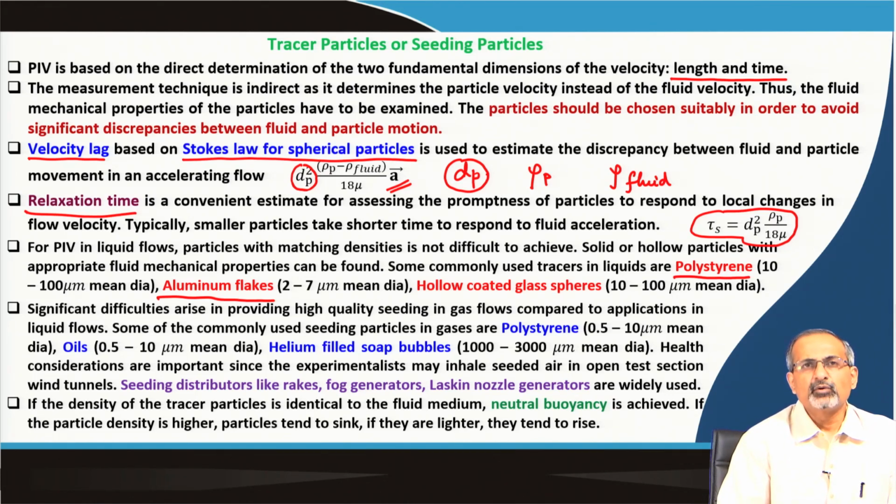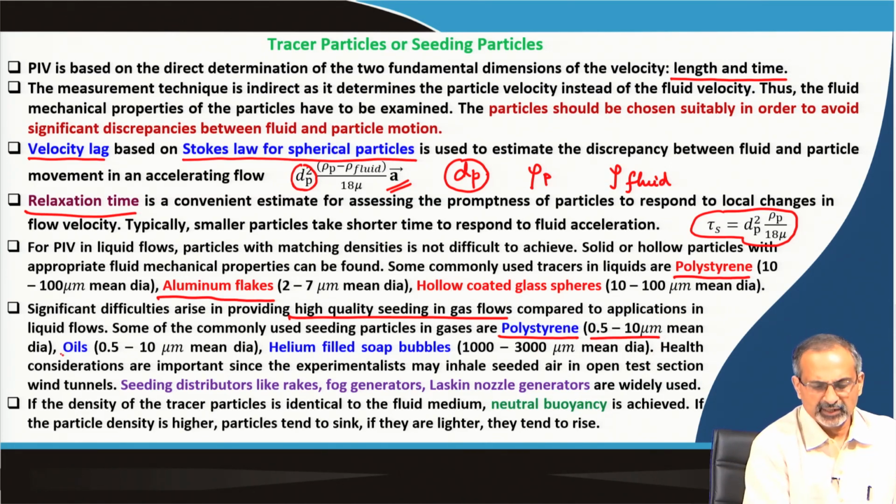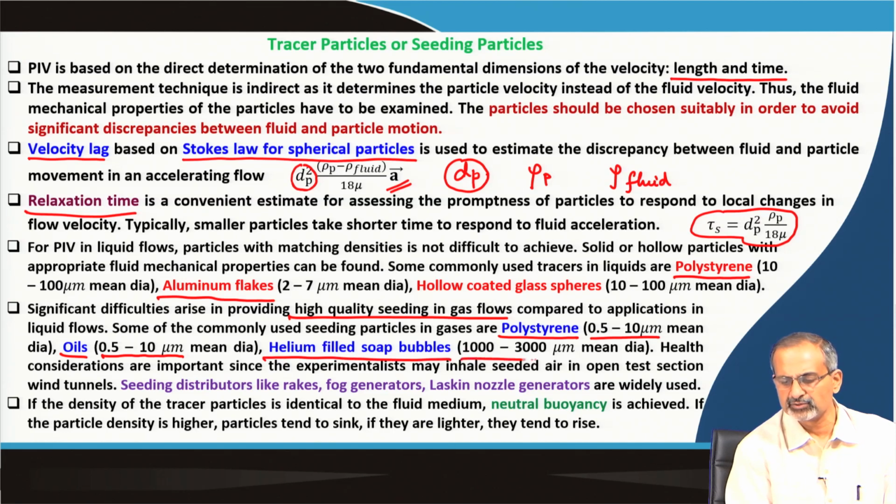However, high quality seeding in gas flows is much more difficult to organize, and usual choices again happen to be polystyrene, but now with much smaller size, 0.5 to 10 micron, and different kinds of oils, 0.5 to 10 microns. So, these are very small particles, the exception being helium filled soap bubbles, which could be much larger.